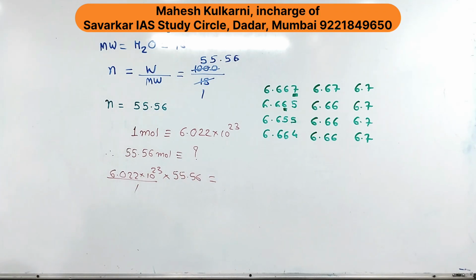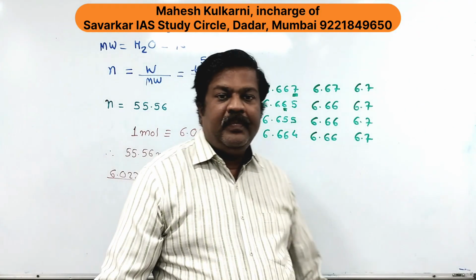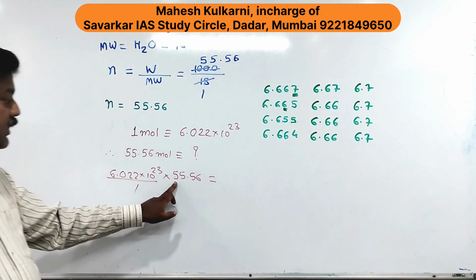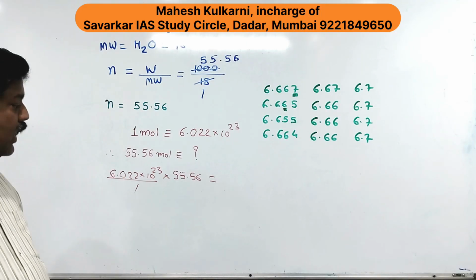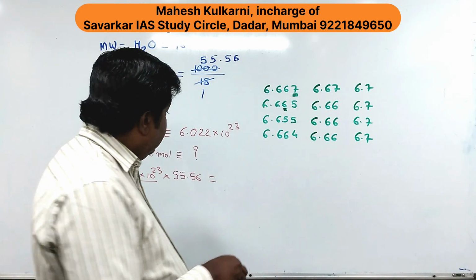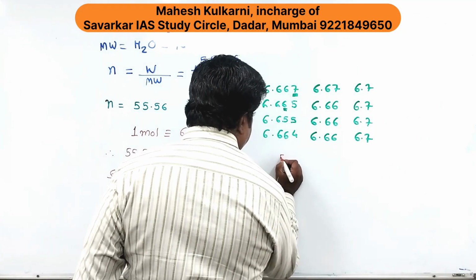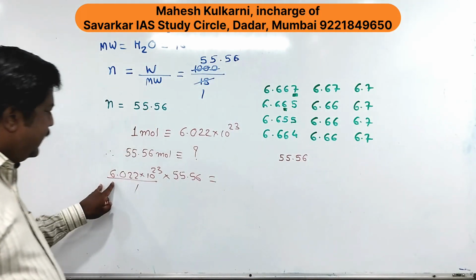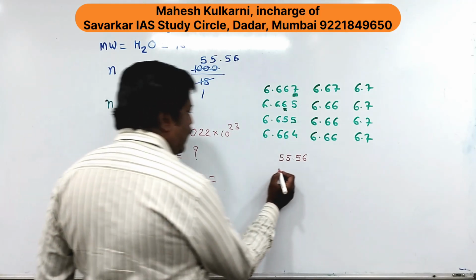We are getting the multiplication of these two figures and the multiplier of 10 raised to 23. I hope you are able to do this calculation. You can do this multiplication yourself, or else I will show it here. I will write 55.56 multiplied by 6.022.